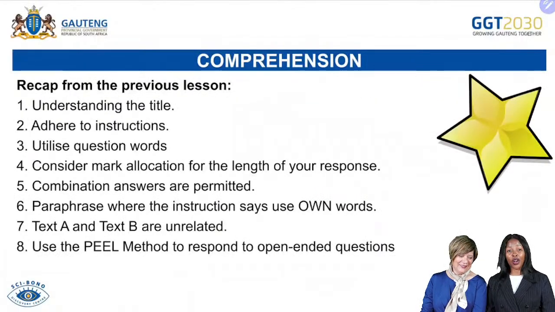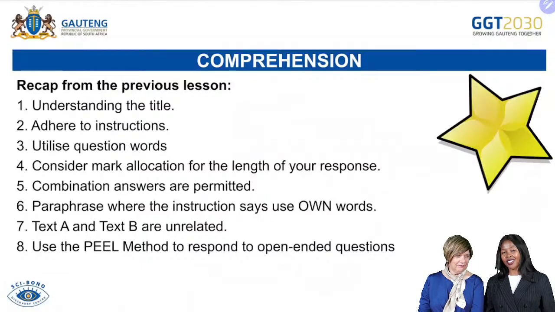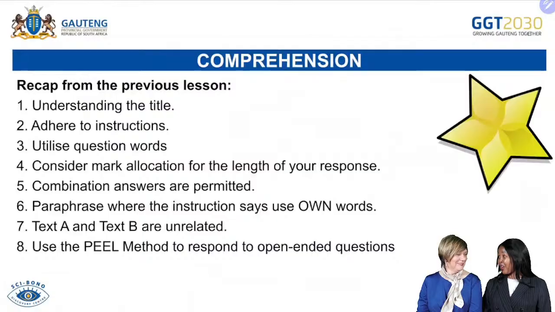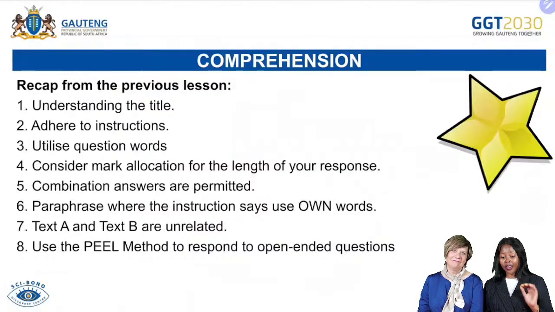Now we move to comprehension. Grade 12s, as you have noted in the previous week, we looked at answering a comprehension comprehensively. So this time around, we'll just do a brief summary of some of the things that you need to take into account when you respond to a comprehension text in your examination.